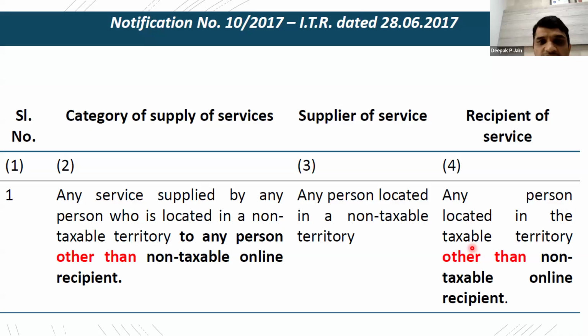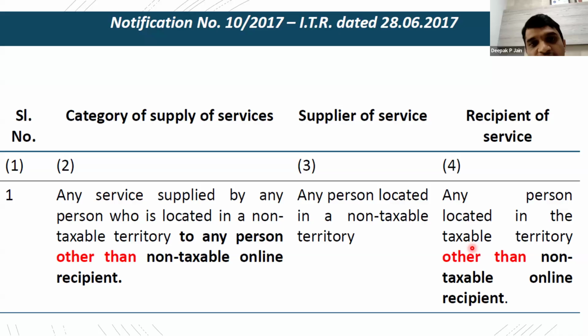Now, the recipient is not registered, he is availing some services. Should he pay taxes on that? If he is registered, definitely he has to pay. If he is unregistered, should he pay? I think he should pay, because it says any person located in the taxable territory, so the liability is there on him.